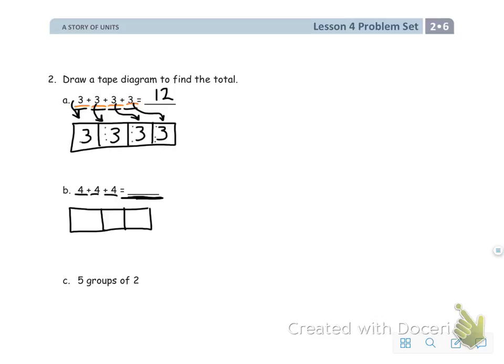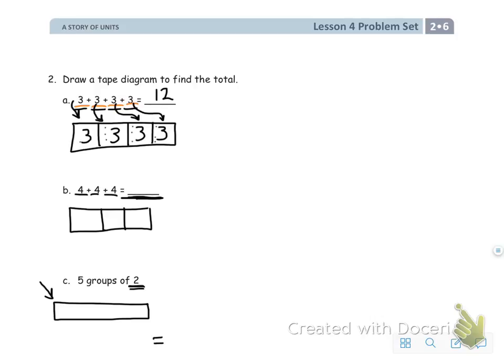Moving on to problem C, we have 5 groups of 2. So you would simply draw your tape diagram just like this, make sure that you have 5 groups in this tape diagram, okay? And then put the number 2 in each group, and then I would just put the total down here.